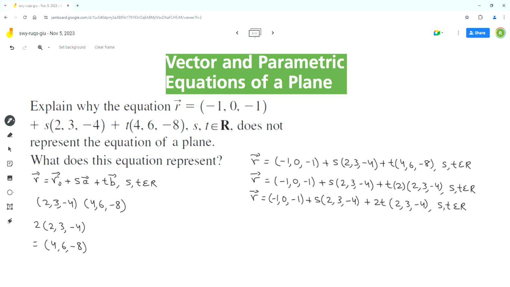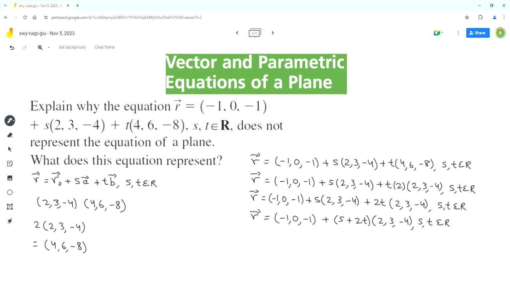So we can add these two vector terms by adding their coefficients. The coefficients are s and 2t. So in the next step we get s plus 2t times vector (2, 3, -4). s and t are parameters that can be any real number.